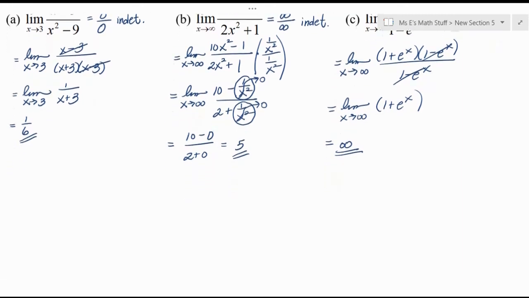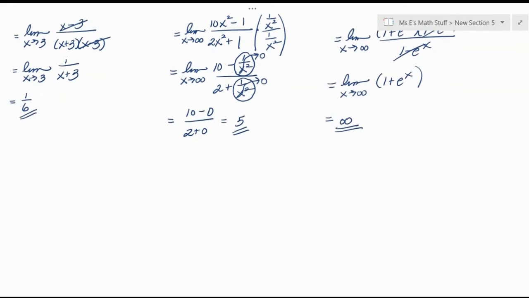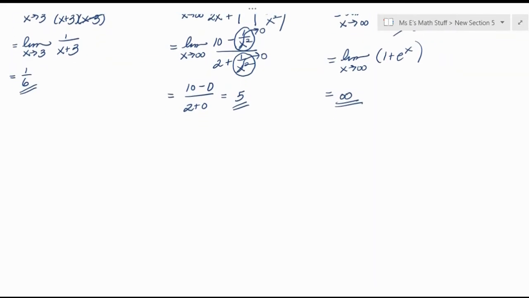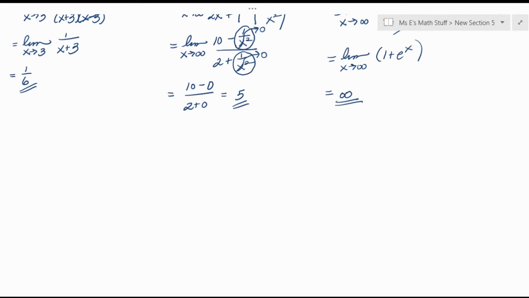Before we talk about the next example, let's talk about what L'Hopital's rule is and when you should use it, okay? So at this time, let's summarize some very common indeterminate forms, and you'll see why in a second. So we're talking about within a limit.